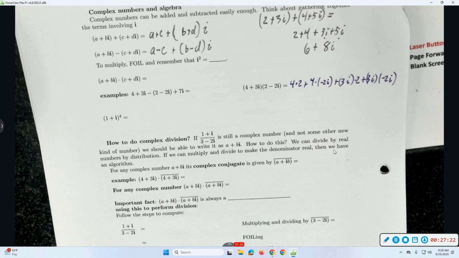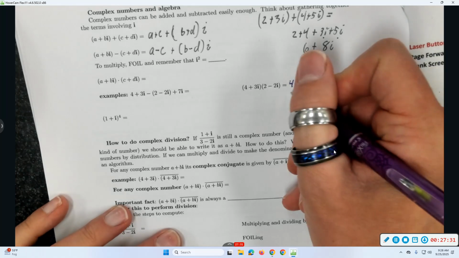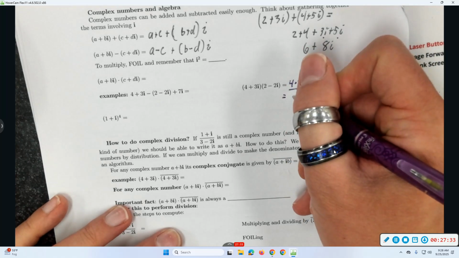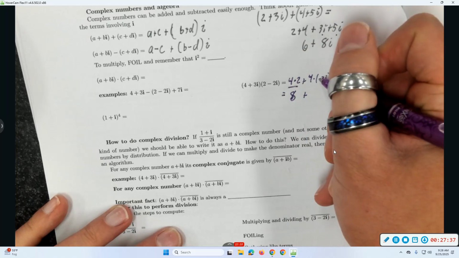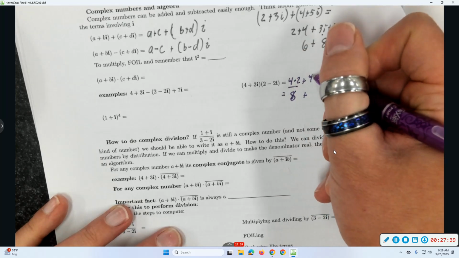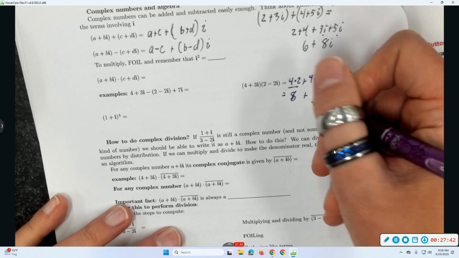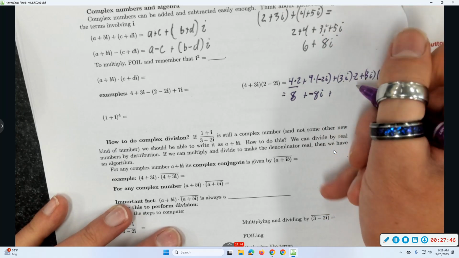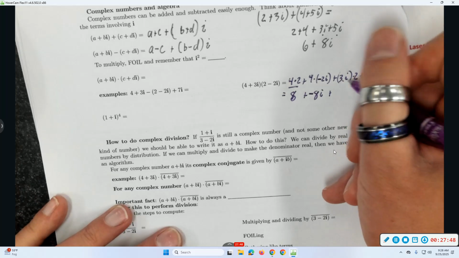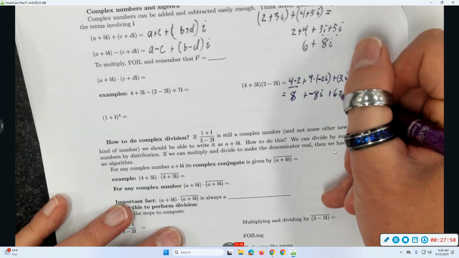So that's just what foiling tells you to do. And let's just walk out each piece. 4 times 2 is 8. Plus, I see a negative in front of the 2, so 4 times negative 2i is negative 8i. 3i times 2, well that's 3 i's and then I double it, so that's 6i.